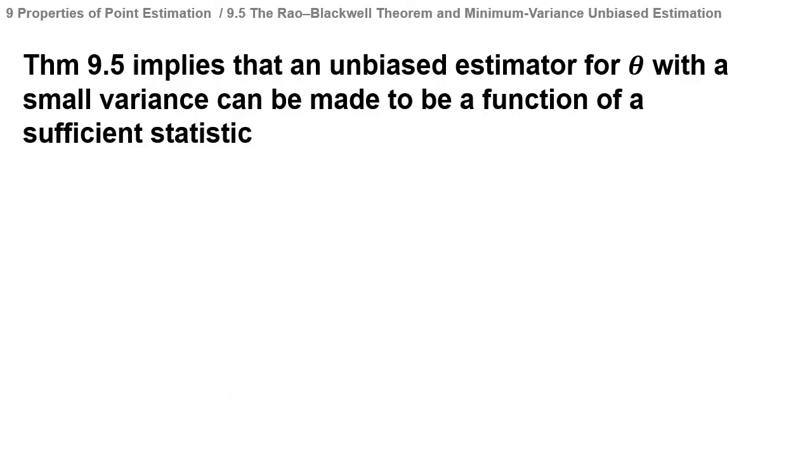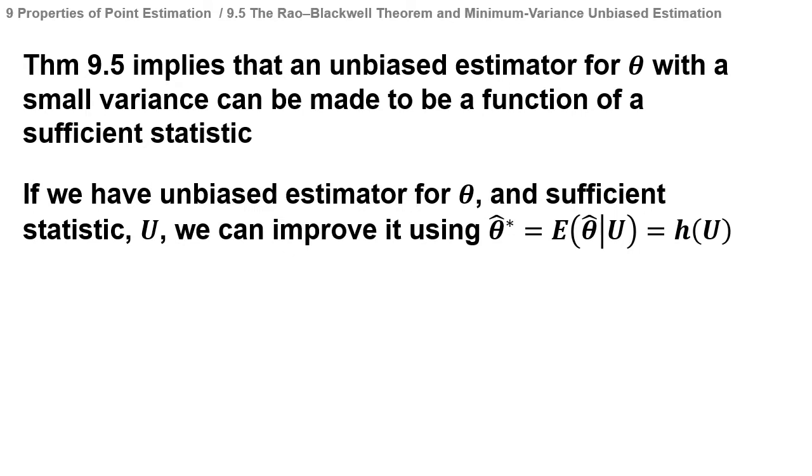This Theorem 9.5 implies that an unbiased estimator for zeta with a small variance can be made to be a function of a sufficient statistic. What it means is that if we have an unbiased estimator for zeta, and if we have a sufficient statistic U, then we can improve it using zeta hat star, by using the conditional expectation given the sufficient statistic.